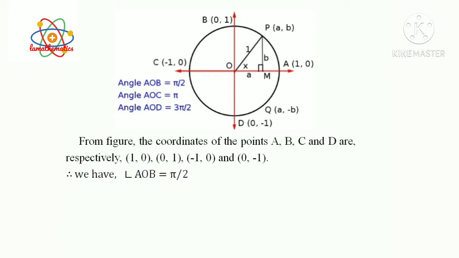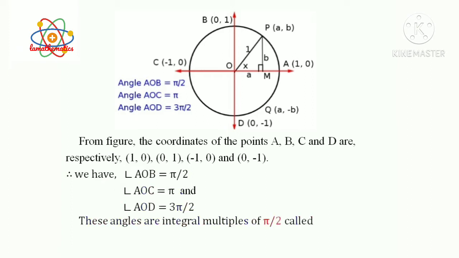Therefore, we have angle AOB equal to pi by 2, angle AOC equal to pi and angle AOD equal to 3 pi by 2. These angles are integral multiples of pi by 2, that is 1 into pi by 2, 2 into pi by 2, 3 into pi by 2. These angles, integral multiples of pi by 2, are called quadrantal angles.